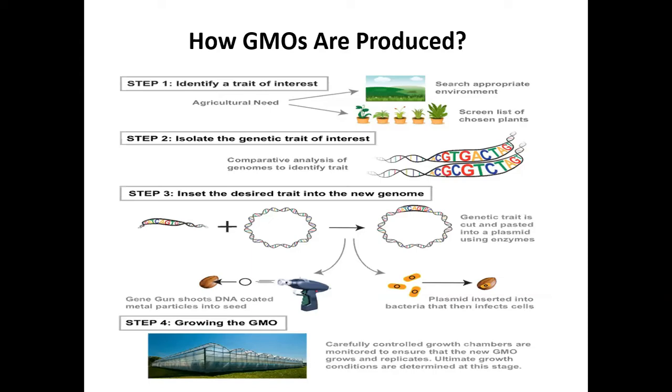The last step is growing the GMO. We have to carefully check the growth of the particular GMO because of its uncontrolled and unwanted effects on the environment. So let's come to the next slide.